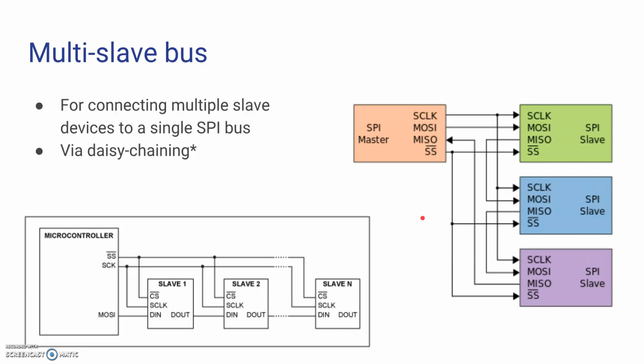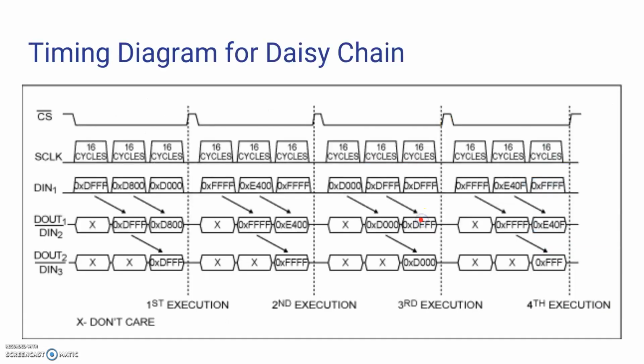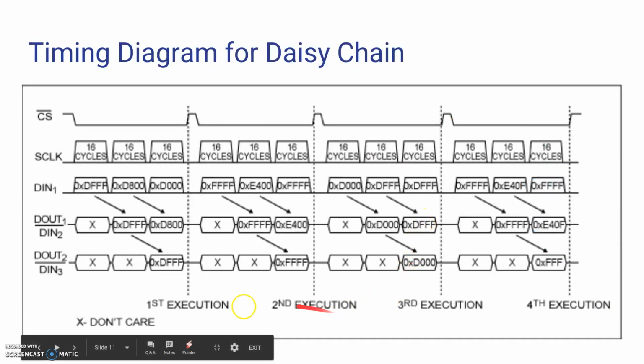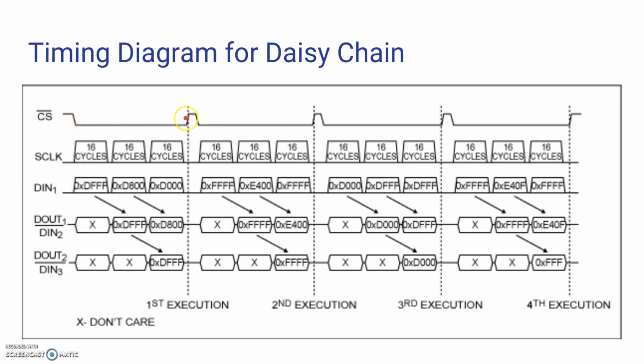let's take a look at the timing diagram for a daisy-chained multi-slave SPI bus. So here it is, timing diagram for this daisy chain. We have one chip select again. The idea is, as you transmit from one device, that device will transmit to the next device, and that device will transmit to the next device. And so that also implies that your transaction, instead of 16 cycles with one device, becomes 16 times 3 cycles.